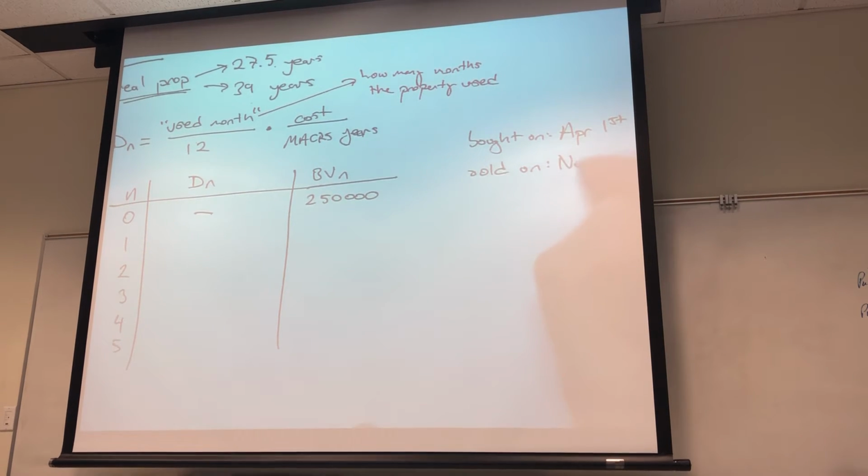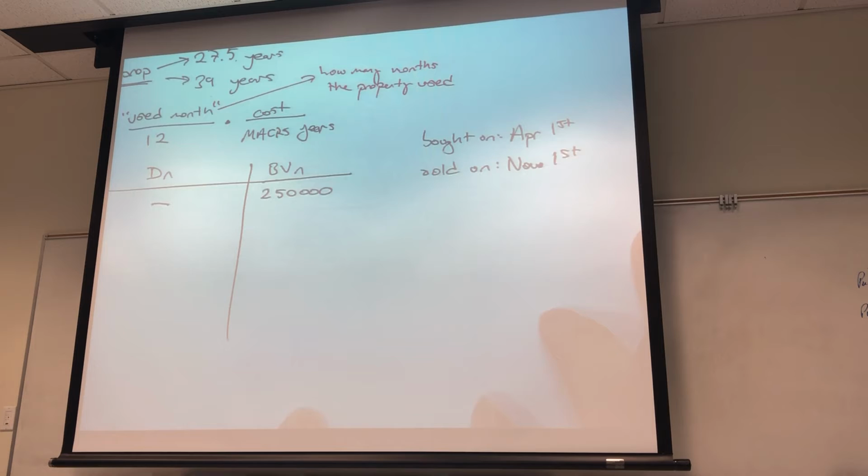So for April, from April to December, how many months did we use? April is the fourth month? Yeah. 8. 7.5. Yes, 7.5. Since from April to December, counting April, we got 8 months, and we take April as half. We use it for 7.5 months.